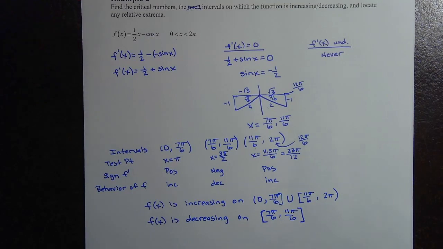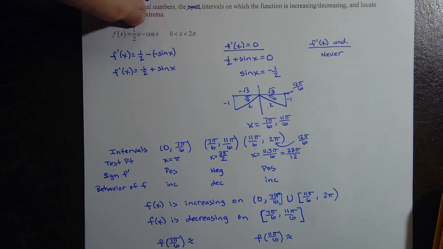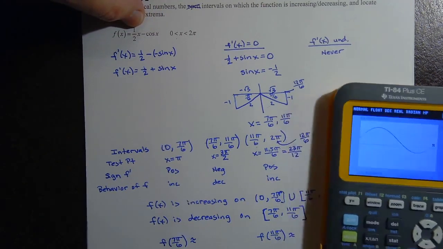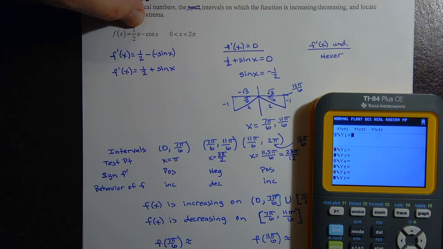The next thing we need to do, because we have relative maxes and mins, is find f of 7 pi over 6 and also f of 11 pi over 6. There's no other way to do this than with a calculator, because you don't have strictly a trig function here. So I'm going to clear my function out and put in 1/2 times x minus cosine x.